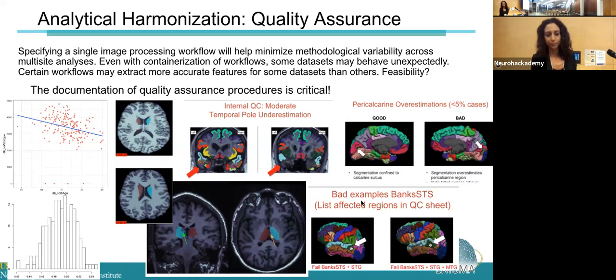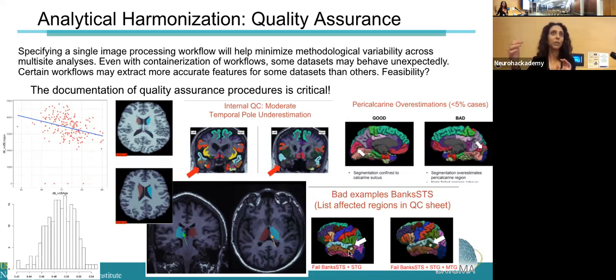For example, here the banks of the superior temporal sulcus are not supposed to show on the outer surface of the cortex, and we put a small guideline as to when we would think it's showing too much, because it's a very common error in FreeSurfer that the banks go on the exterior surface.